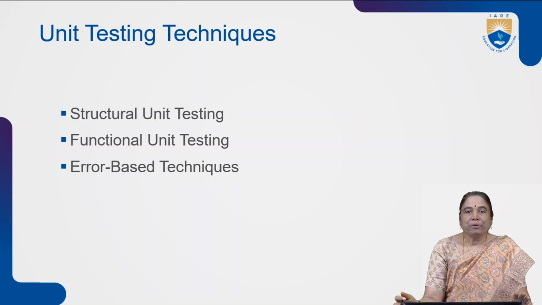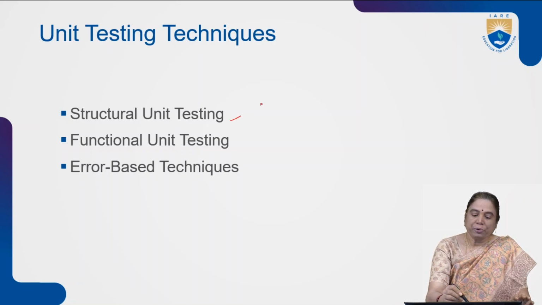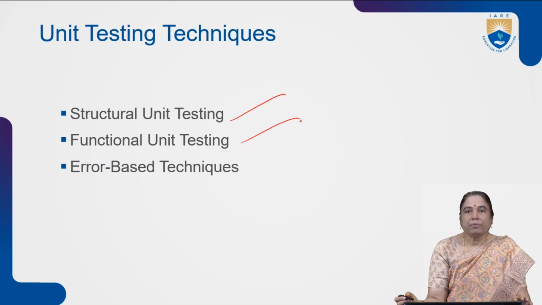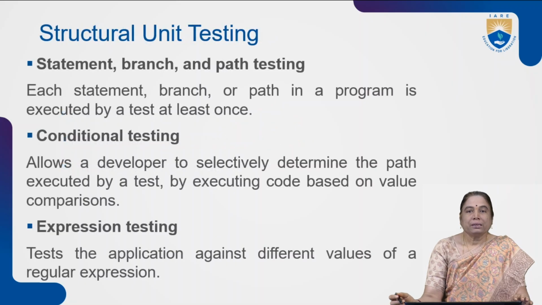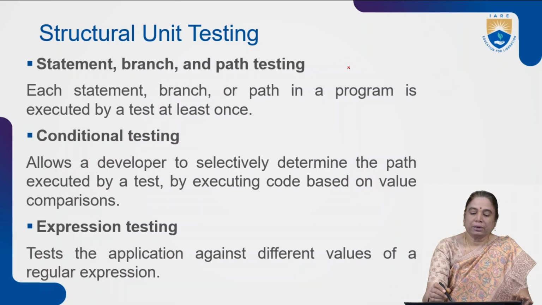Majorly, three unit testing techniques are popular. One is structural unit testing, second one functional unit testing, third one error-based techniques. What is structural unit testing? It generally covers the statement, branch, path testing, conditional testing, and expression testing.